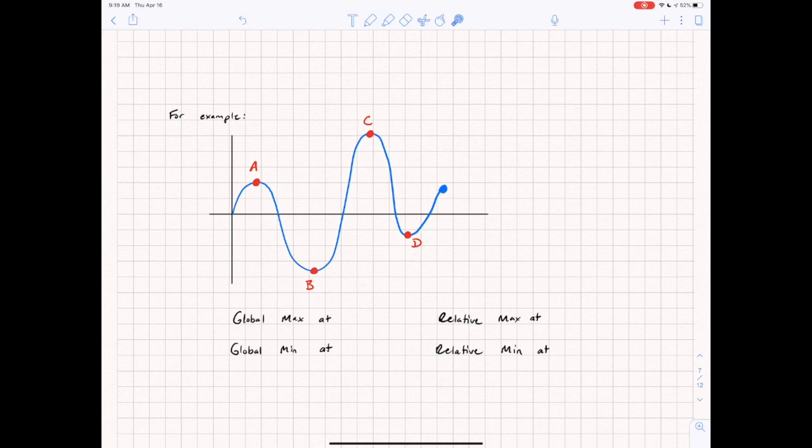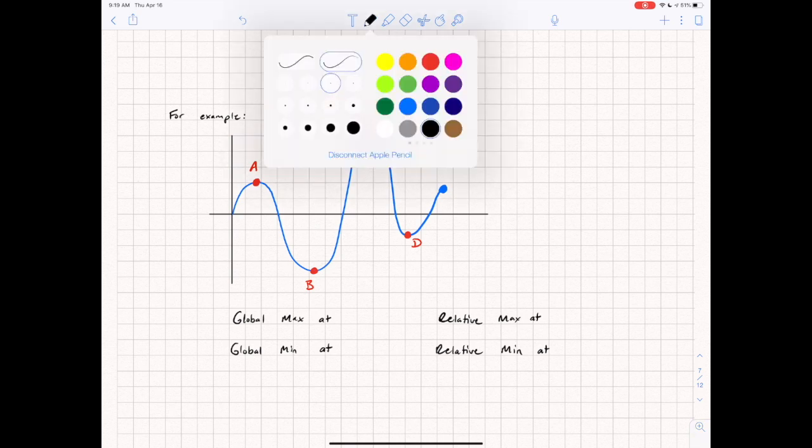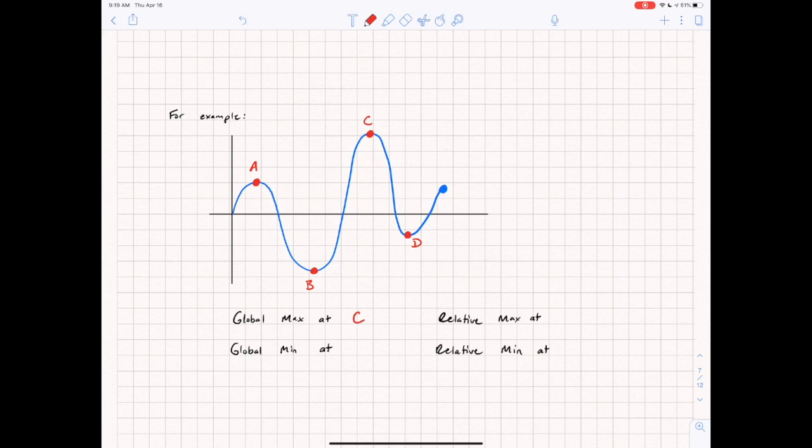If you look at this graph as a whole, where would you say the global maximum would be? Hopefully you're asking, what's the absolute highest point on this graph? That would happen at C. So the global max would be at C. Where would the global min be? Well, we've got B. All right, what about relative max and relative min?